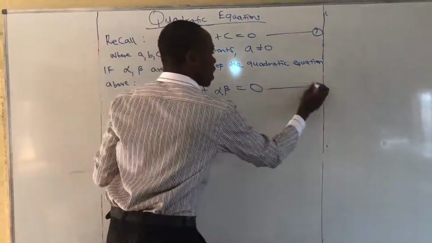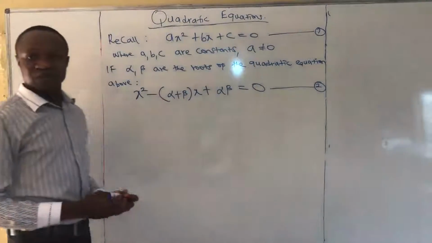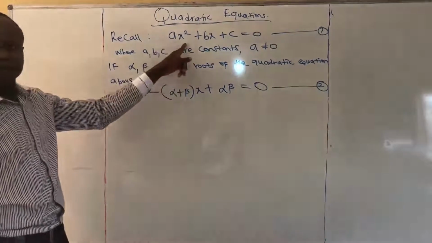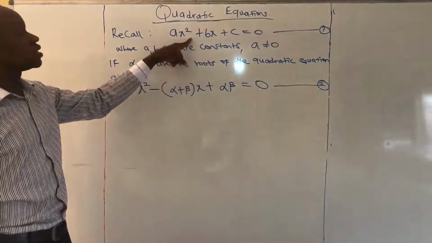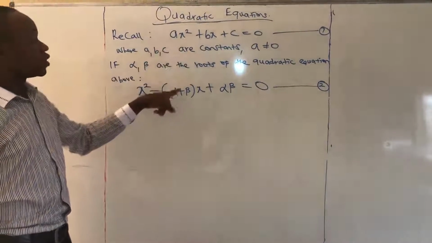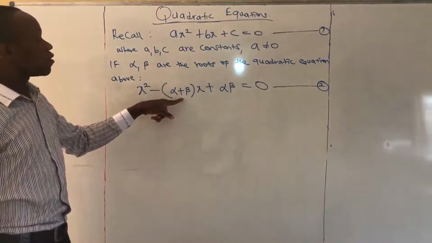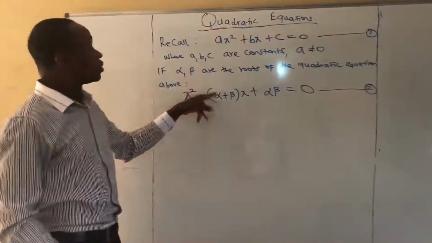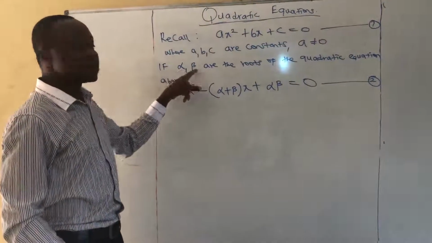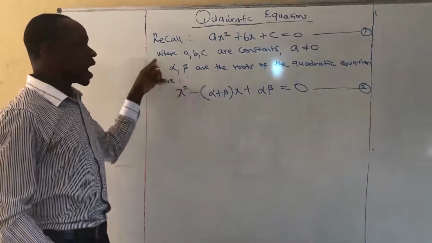This is the one I will call equation 2. My equation 1 is the general form of a quadratic equation in x. My equation 2 is the general form of a quadratic equation when you are given its roots as alpha, beta.